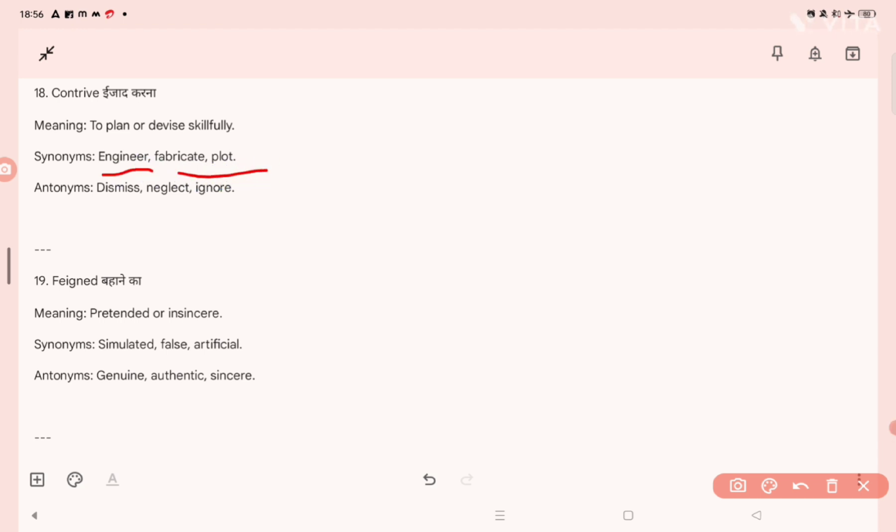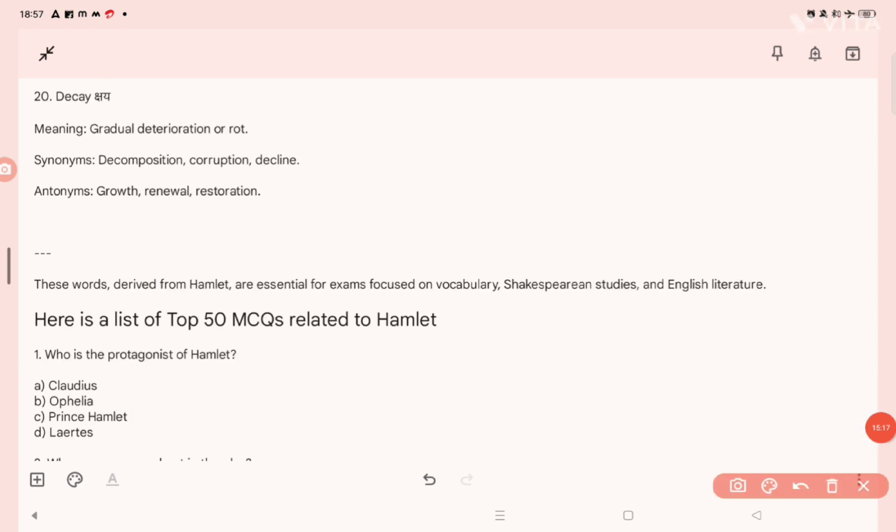Spurious. Dismiss: neglect, ignore. Feigned: pretended or insincere, simulated, false, artificial. Genuine, authentic, sincere, original. Decay: gradual deterioration or rot, decomposition, corruption, decline. Growth, renewal, restoration.